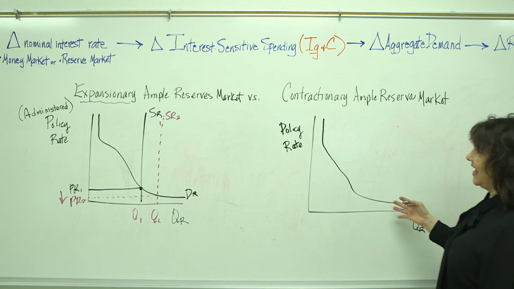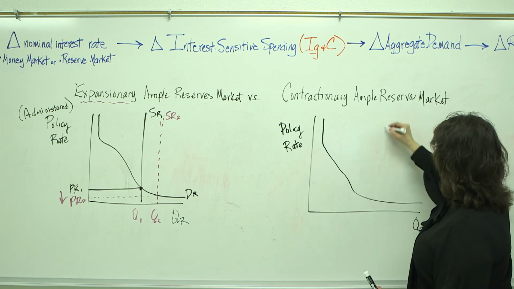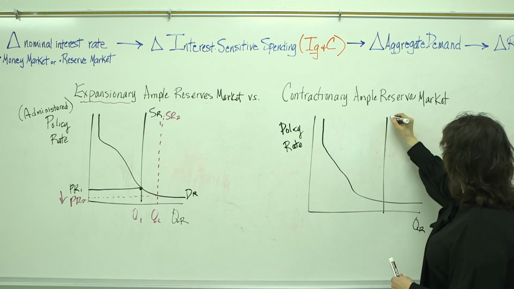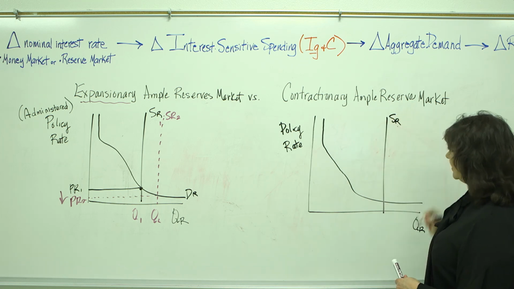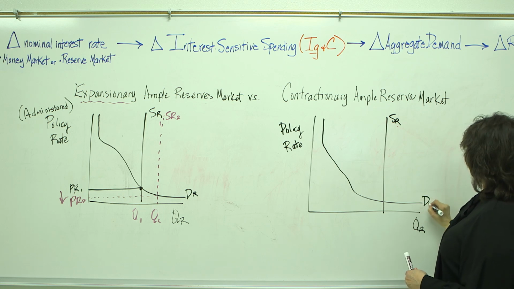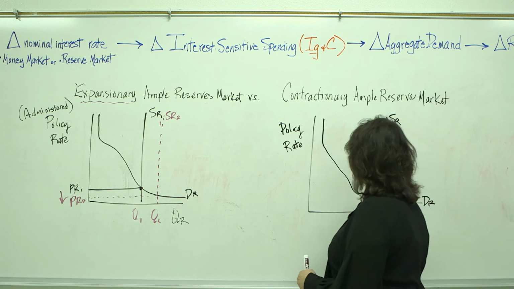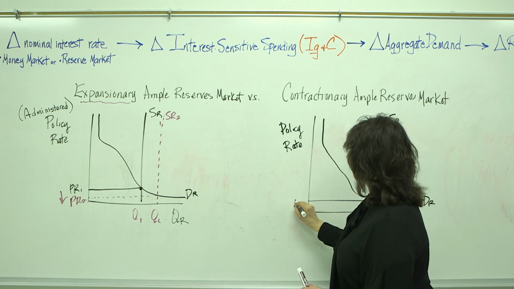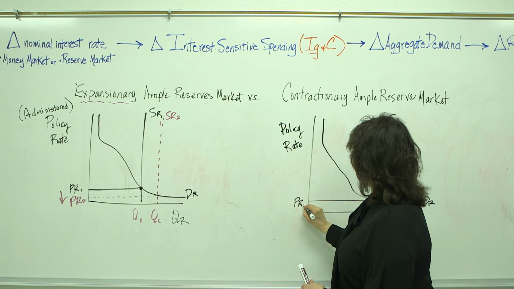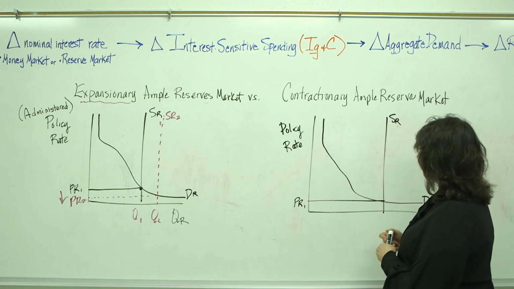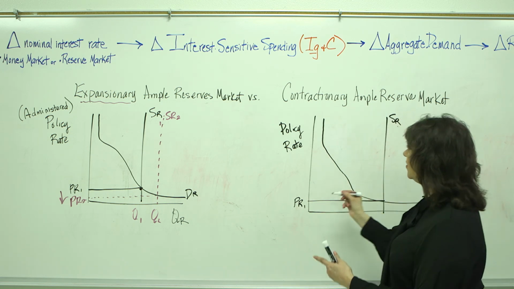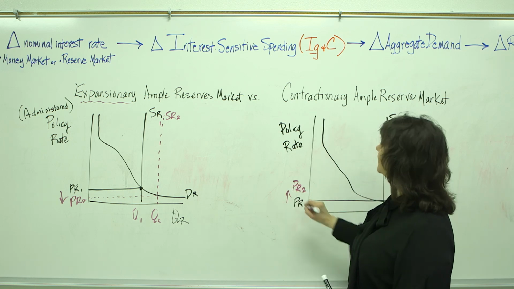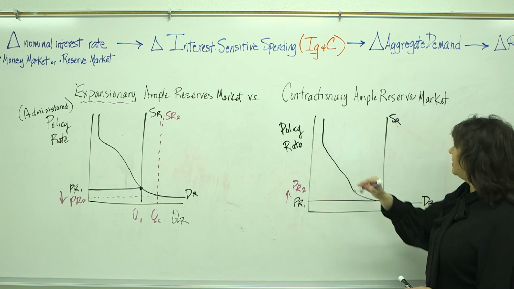Okay, over here then, it's the same thing. Make sure you're in this flat portion. So here, I have the supply of reserves. And these rates are usually really down very low on this y-axis. So policy rate 1. This is what's happened today. We need to increase the interest rate because that's going to disincentivize I, G, and C from borrowing.